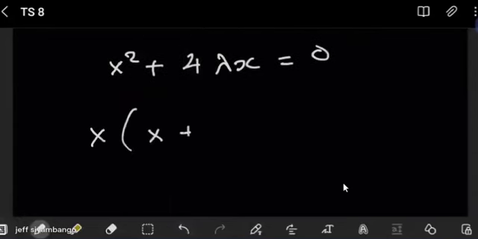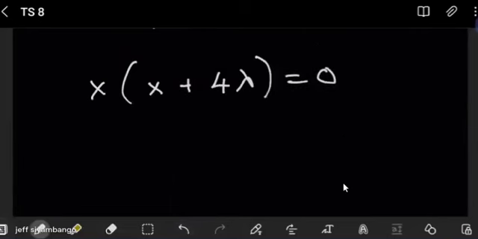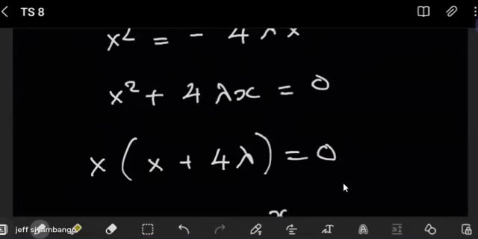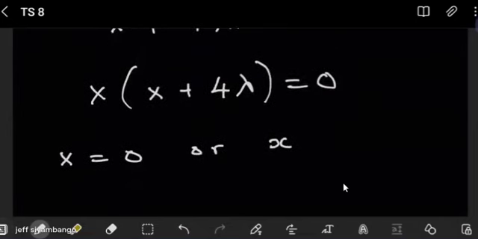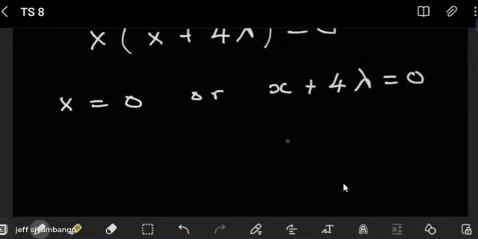Then you have x times (x plus 4 lambda) equal to 0, so that either x is equal to 0 or x plus 4 lambda is equal to 0, implying that x is equal to negative 4 lambda. Is that okay? Found a workaround.